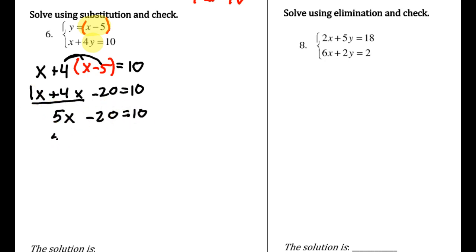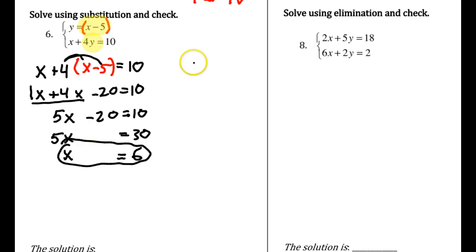Add 20 to both sides. 20 plus 10 is 30. Divide both sides by 5. 30 divided by 5 is 6. Okay, good.